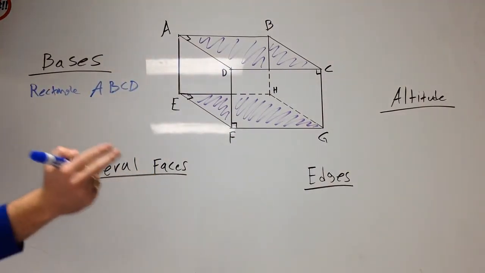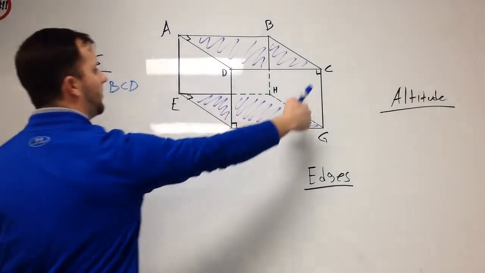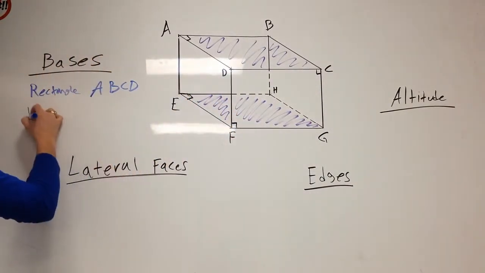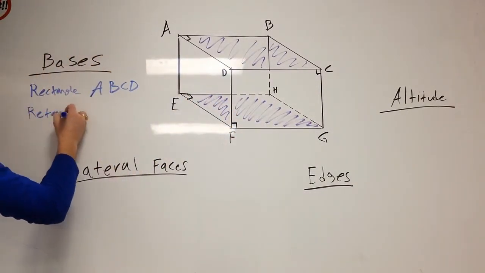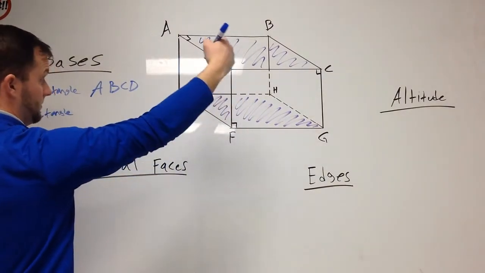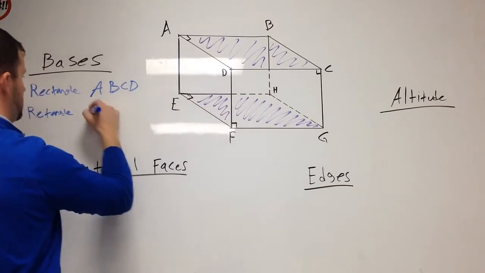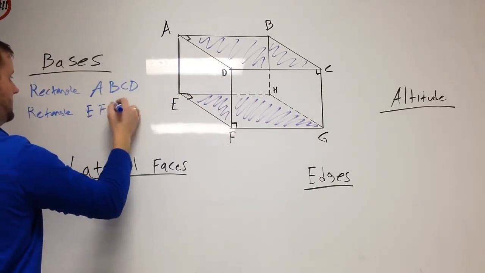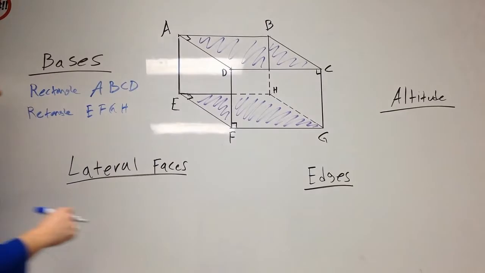Now remember, there's two bases. So the bottom one colored in purple right here is going to be your bottom base. That's going to be known as rectangle EFGH. So those are going to be your two bases.